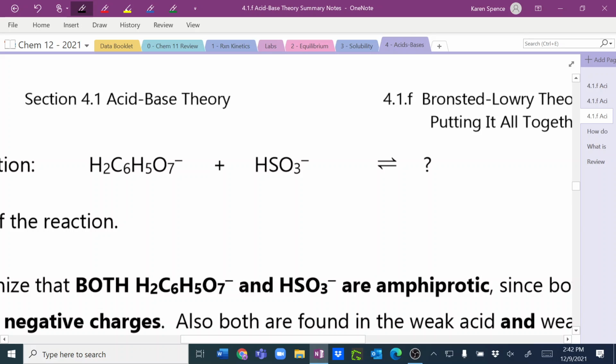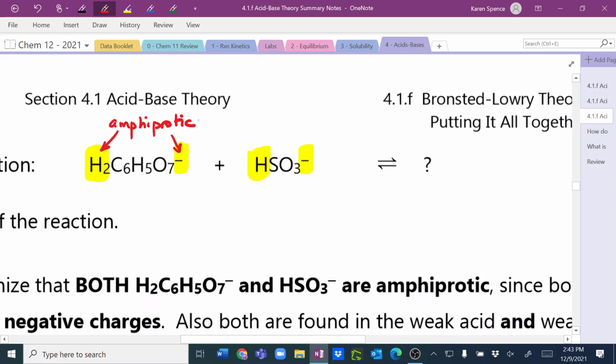Okay, so what do we have here? And in our next species, we have HSO3 minus. What do you notice about both of those species that makes this a little complicated? They're both amphiprotic. We have hydrogen and a negative. So both of them are amphiprotic.